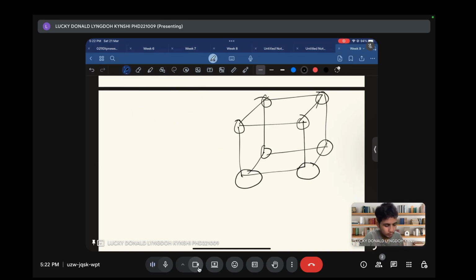And also on the faces, one more atom on this face, one more on this side, and so on. So Na atoms are arranged along the corners of a cube as well as at the faces. That is why it's a face-centered cubic.